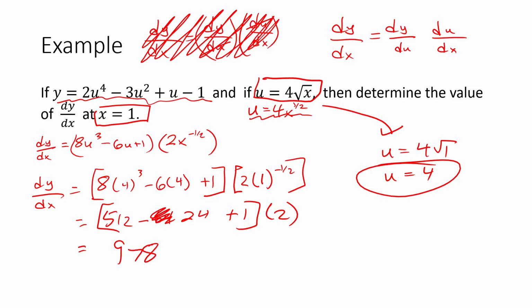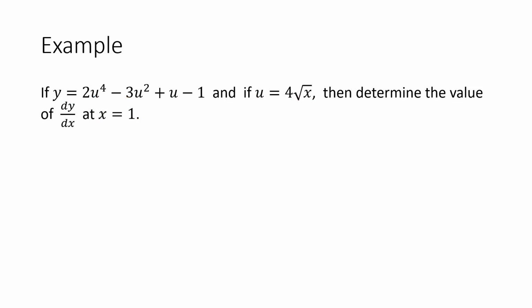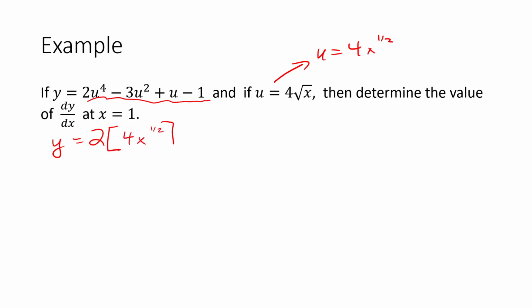But if we wanted to take a different method, what we could do instead is take this u expression of 4x to the 1/2 and literally just sub it in for u in the expression for y. So we would get 2 times 4x to the 1/2 raised to the exponent 4, minus 3 times 4x to the 1/2 quantity squared, plus 4x to the 1/2 minus 1.